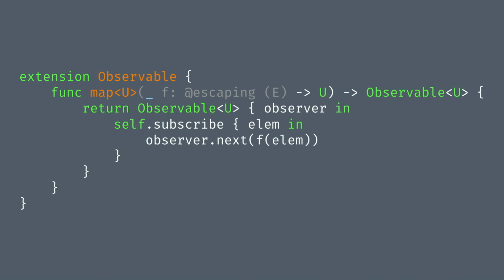For operators, it's actually a pretty minimal change. We just have to add a return statement, because this operator has no state of its own, but it might depend on an observable that has state of its own that needs disposing.